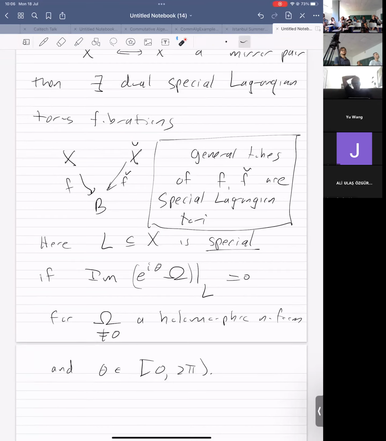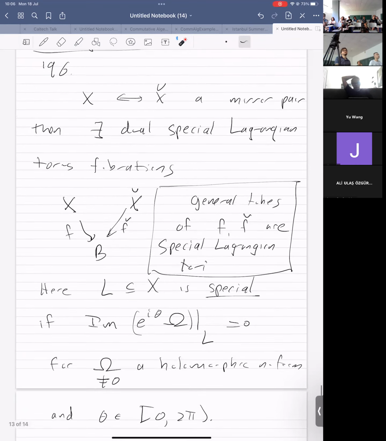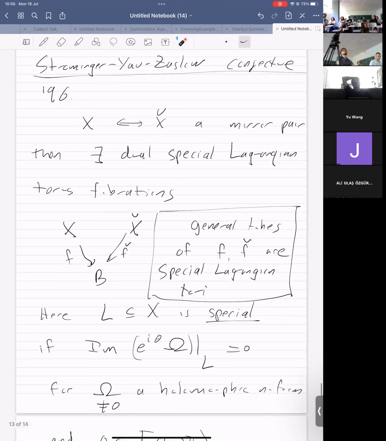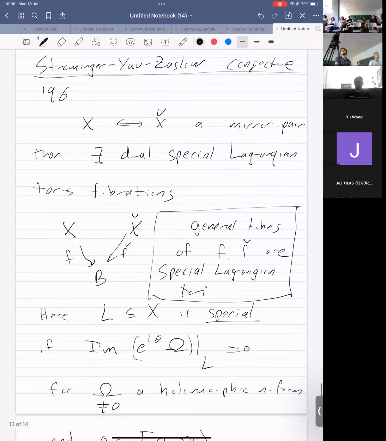Now, this conjecture has in some sense made much less progress than the homological mirror symmetry conjecture. Maybe I should say something about the word dual here.